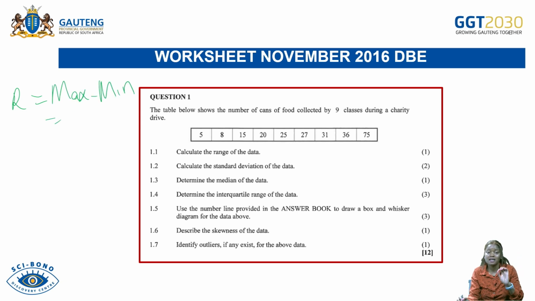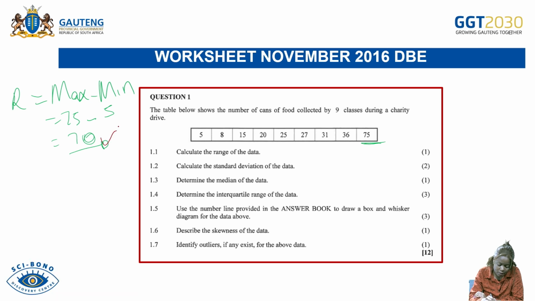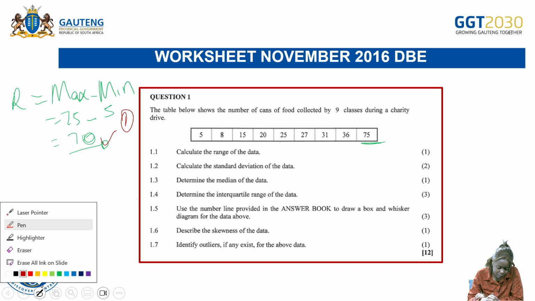So you take the largest value in your data set and subtract the minimum value. So in that case, it's going to be 75 minus 5, which is going to be 70. So that one is just 1 mark. You just get 1 mark for the answer.